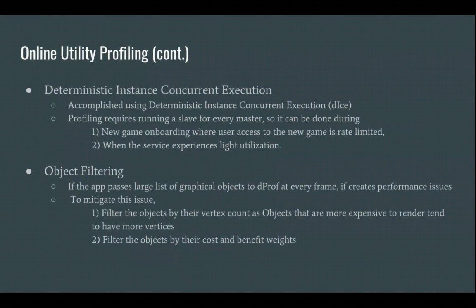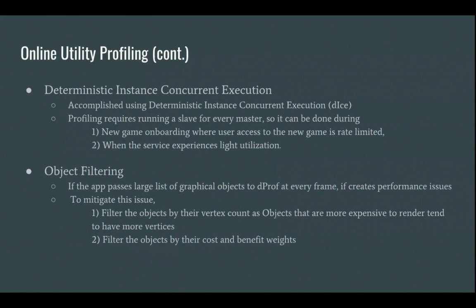So the third thing that we're going to be discussing is object filtering. So basically, we can filter the number of objects that we provide from AOL to DPROC because we don't want DPROC to be overloaded with too many objects. So there are two types of filtering that is done. The first is based on vertex count. So basically, the number of vertices in a 3D object is counted.